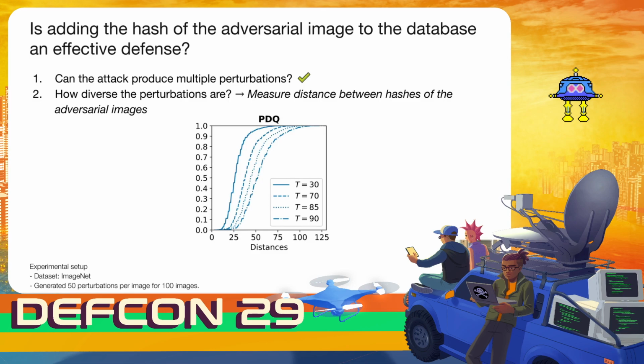And what we see is that even for smaller thresholds like 30, a lot of adversarial images result in hashes which are beyond the threshold distance of t equal to 30 from some other hash in the adversarial images, which means our hashes are widely dispersed around the space. So adding one hash to the expanded database is not a good defense.